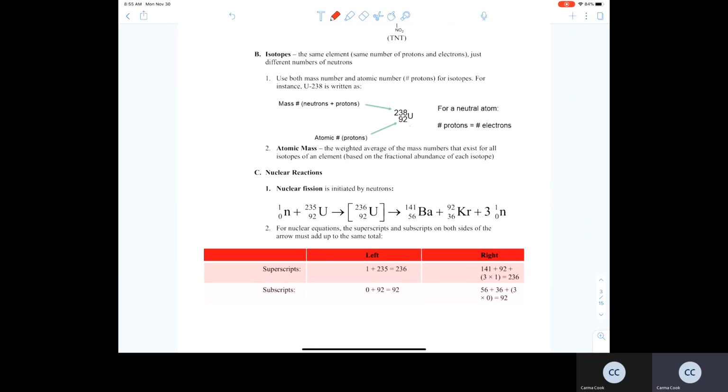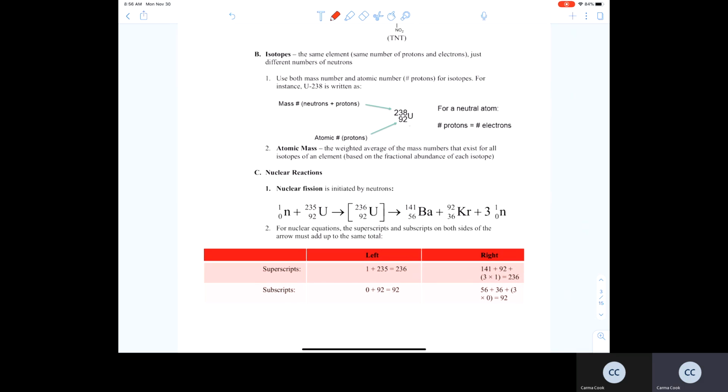The difference between those is that carbon-12 has 6 protons and therefore 6 neutrons in its nucleus, whereas carbon-13 has 6 protons but 7 neutrons, whereas carbon-14 also has 6 protons but 8 neutrons. And so that's the difference between those 3 different isotopes of carbon. They have different numbers of neutrons.